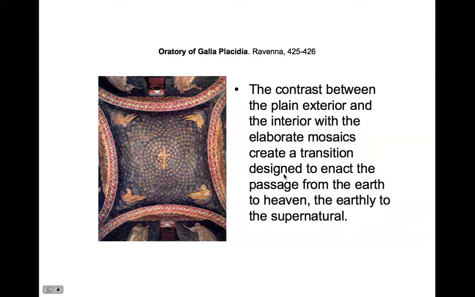It's like the starry sky with the cross in the center. And I think this is one of the most evident moments when you see this transition between earth on the outside and heaven on the inside. So they were trying to create a certain kind of experience with a church like this.